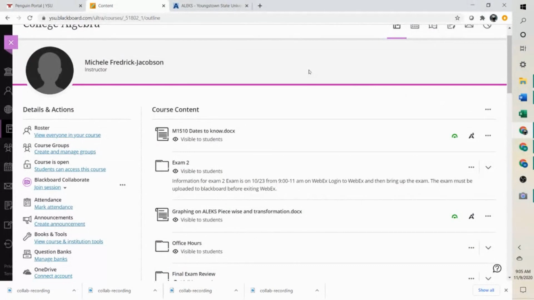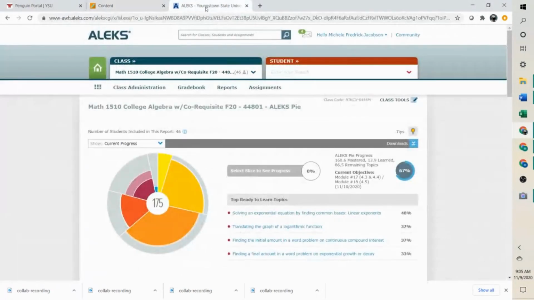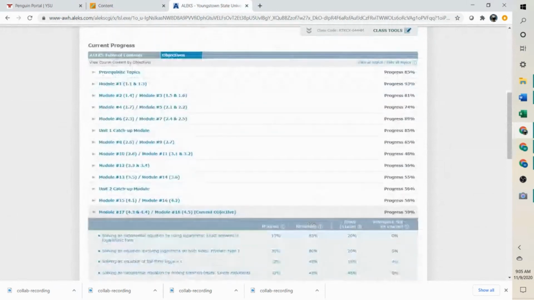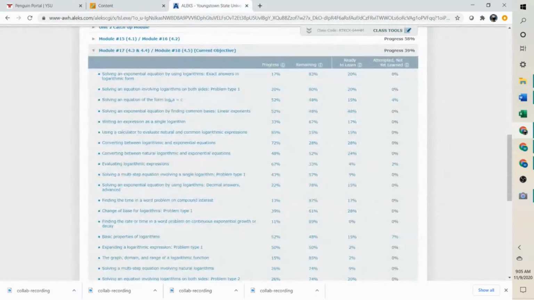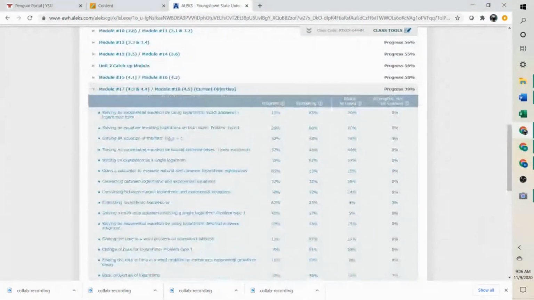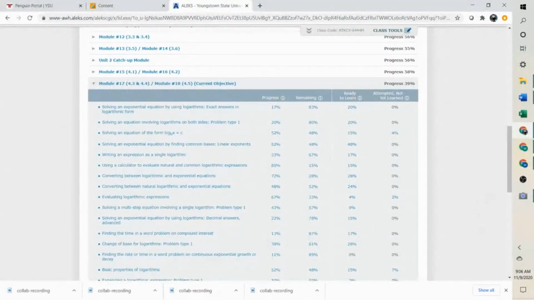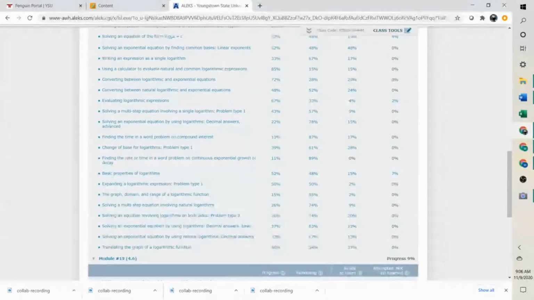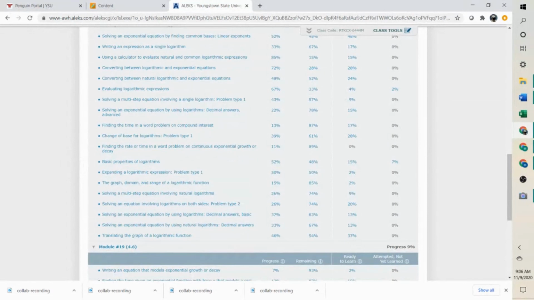I'm stuck on graphing a logarithmic function basic. The one with the domain and range?